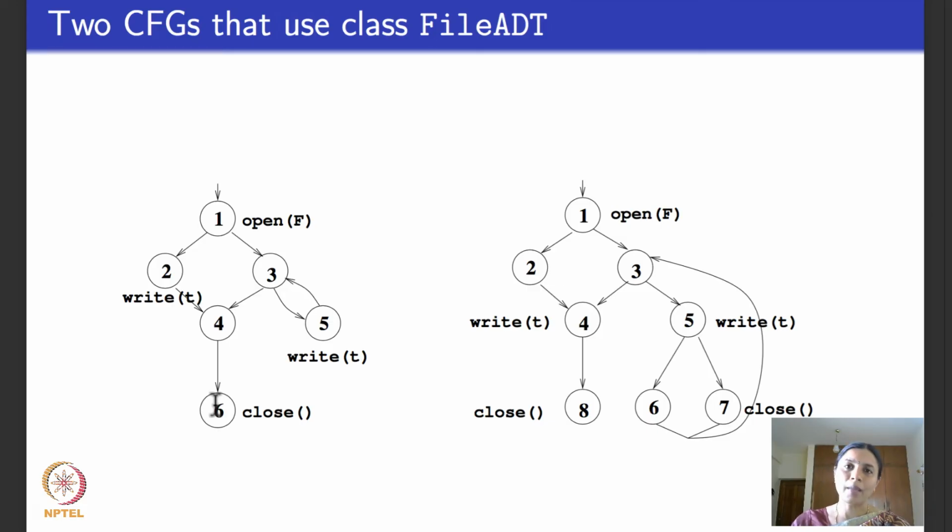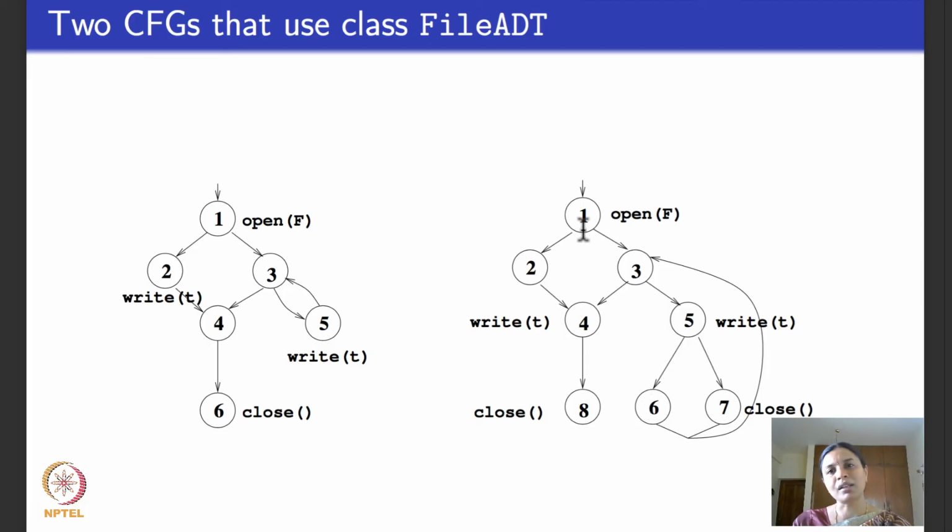I have again abstracted out and given you only the details of the CFG relevant to this lecture. In between it could do several other operations. We have not depicted that in the CFG. So here is a CFG of another piece of code that uses the same methods from the class file ADT. It always begins with open.